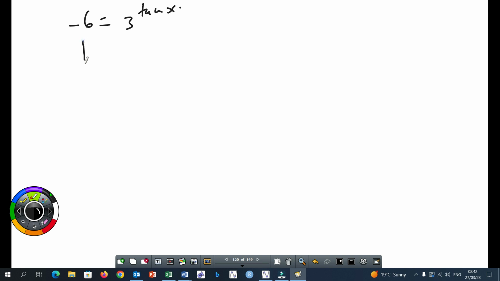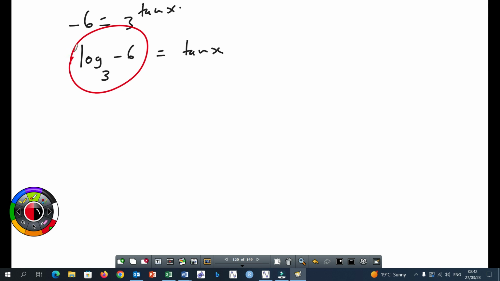Converting to logarithmic form, the base of the exponential is the base of the logarithm. So this will be log to base 3 of minus 6 is equal to tan x. Now, you cannot find the logarithm of a negative number. It is undefined. So here we just say no solution. You have to show that.